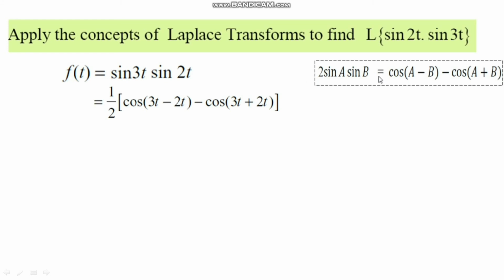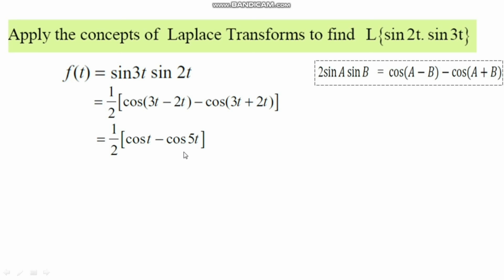According to it, a is 3t and b is 2t: cosine of (3t minus 2t) minus cosine of (3t plus 2t). Now 1 by 2 constant, cosine t minus cosine 5t.